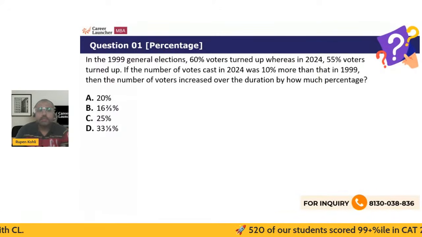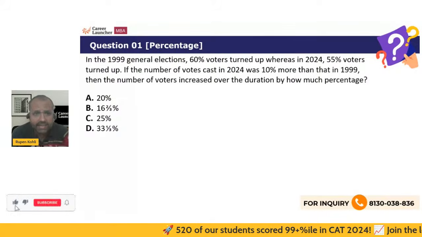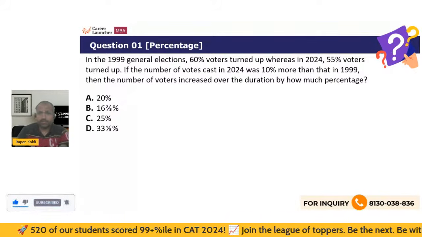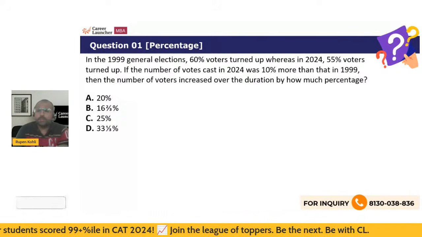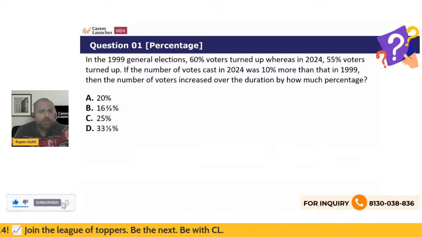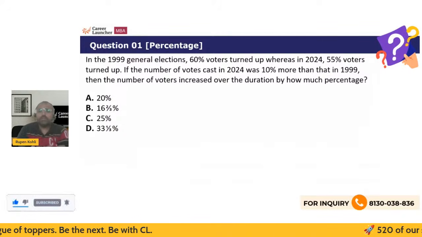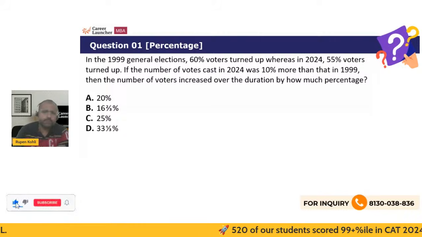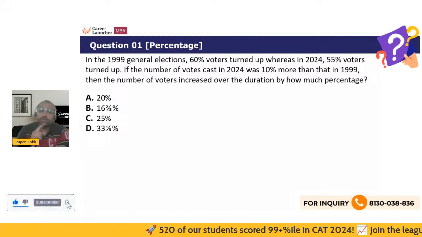Right. In the 1999 general elections, 60% voters turned up, whereas in 2024, 55% voters turned up. So percentage dropped. If the number of votes cast in 2024 was 10% more than that in 1999, number of voters increased.